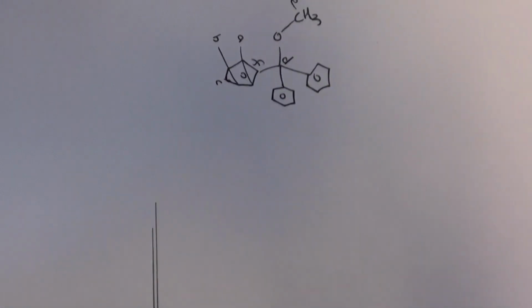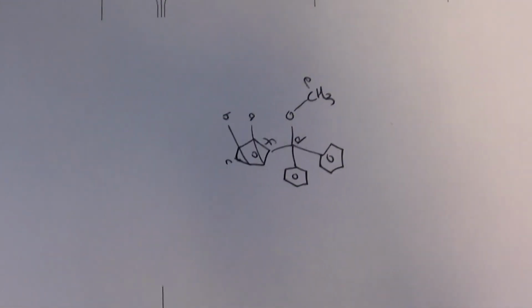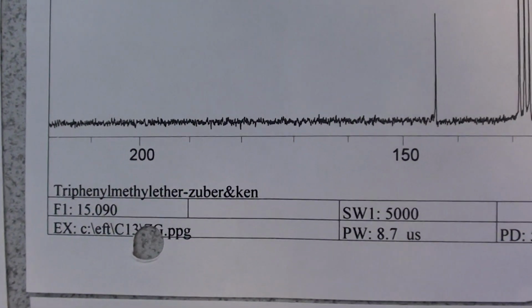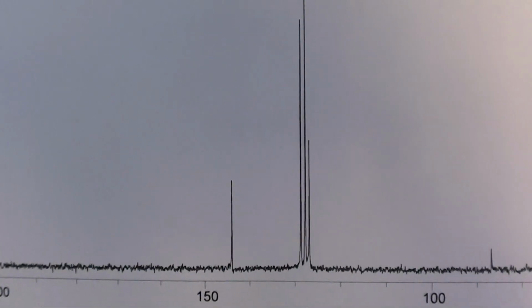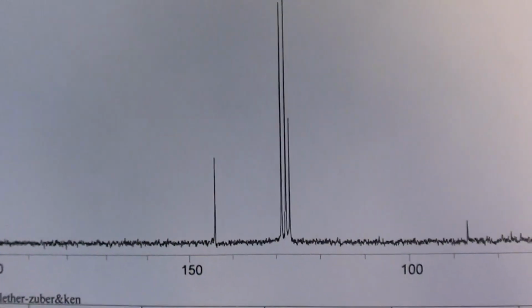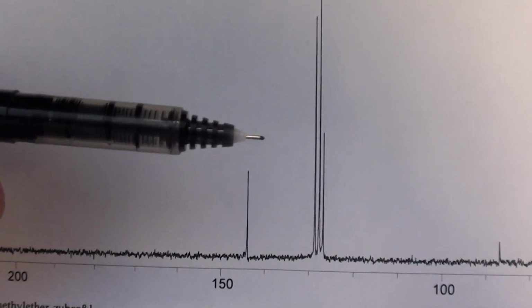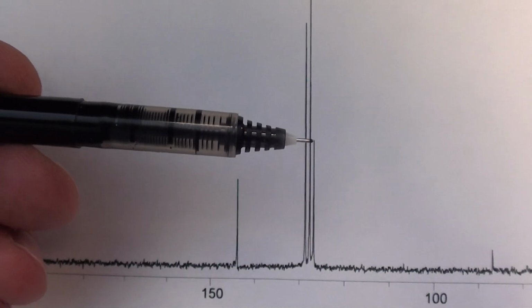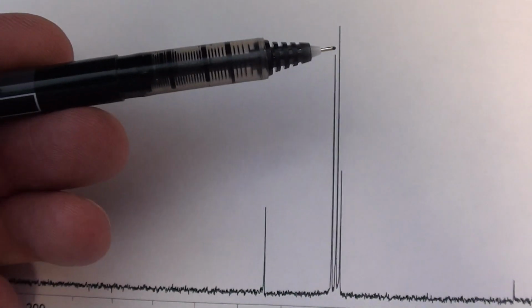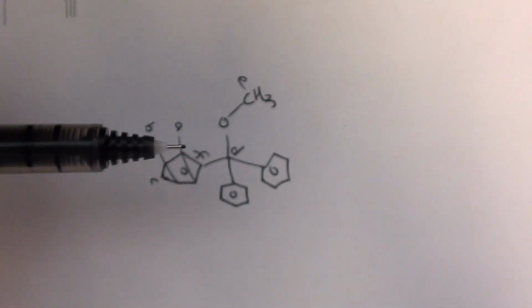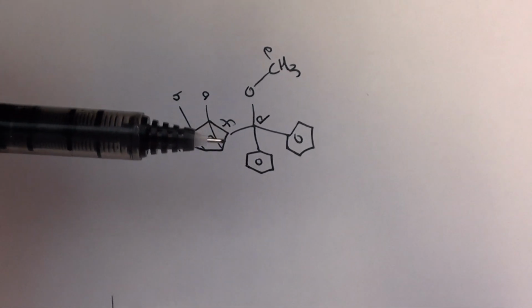This was a pretty good product, very, very pure, that a student had run. This was Zuber and Ken, and that'd be 2012. Look at that nice aromatic monosubstituted pattern, the classic. This is going to be your quaternary attachment point of the benzene ring. This will be the one in sort of the ortho position. There's only one of them. And then these two, almost the same height, will be A and B. So the attachment carbon F, we already labeled.